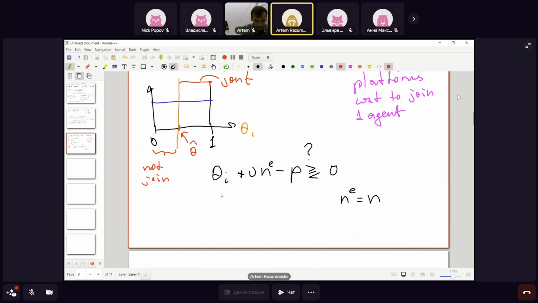Which equation does this guy satisfy? Who's indifferent, right? It should be an equality. So for this agent, who is indifferent between joining and not joining, it will be an equality, right? Yes.